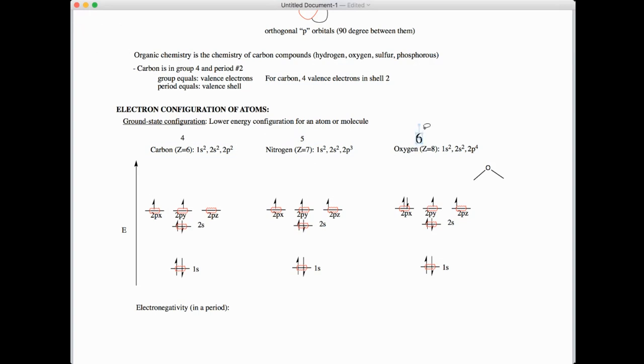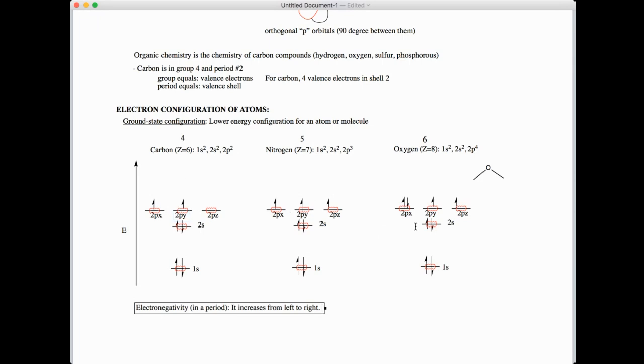That's correct. And anybody know why it increases from left to right? Because there are more electrons within the same shell. And there are more protons too. So the important thing is in the same period, in the same row, guys, remember the valence shell is the same.